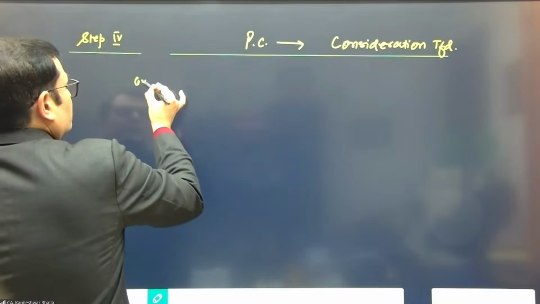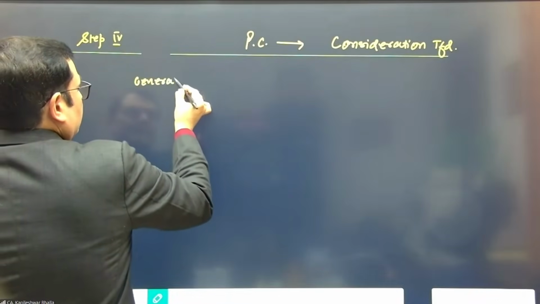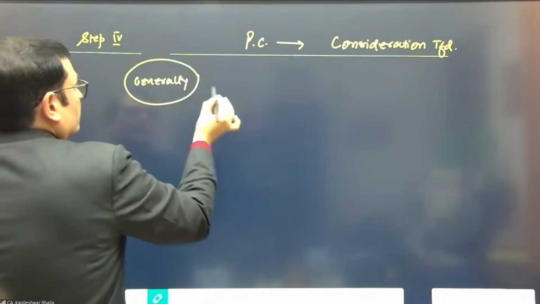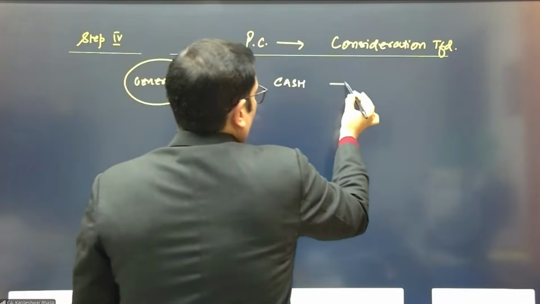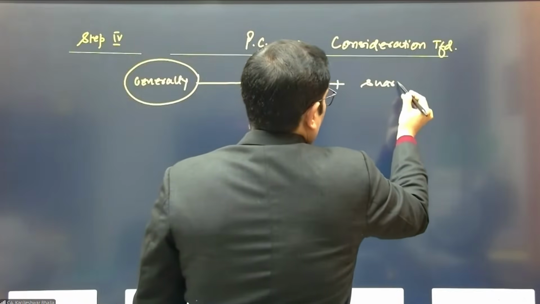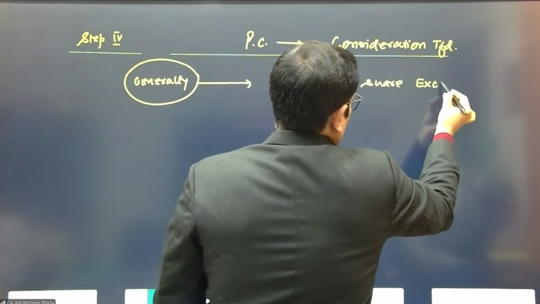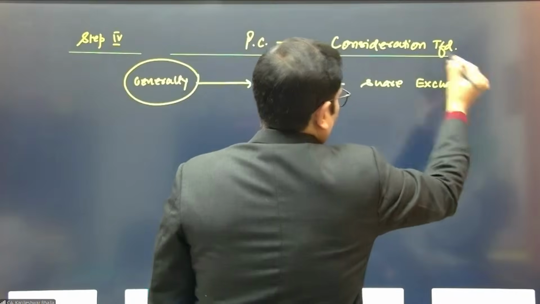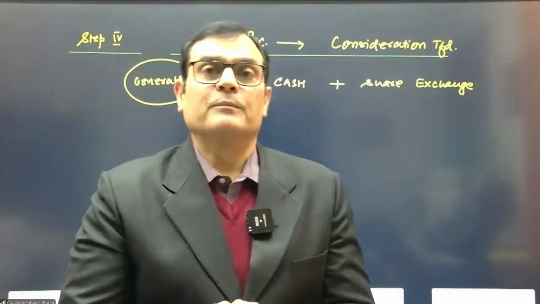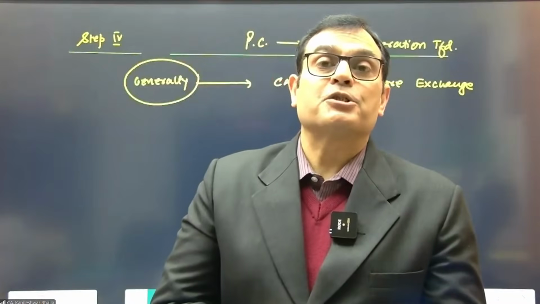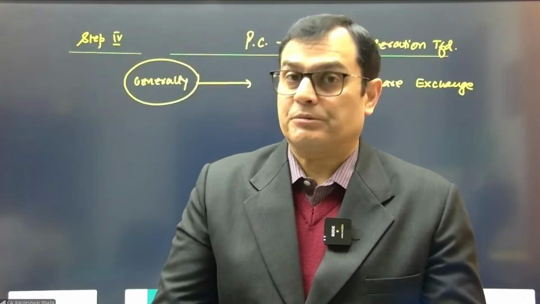Generally, I'm saying generally, when it comes to a purchase consideration, the PC is generally paid in cash, or it is given in the form of share exchange. A took over the control of the business of B. He tells the shareholders of B, I'll give you cash.